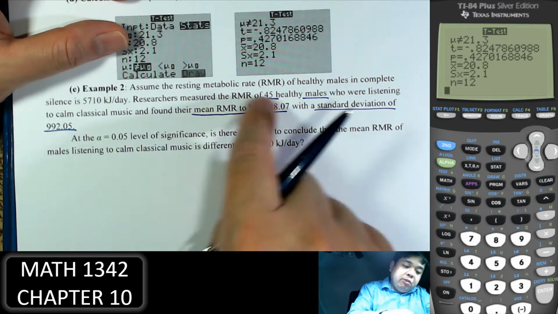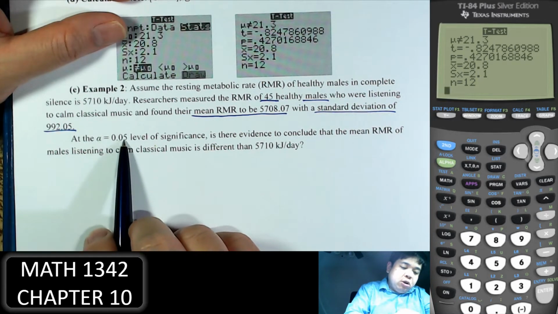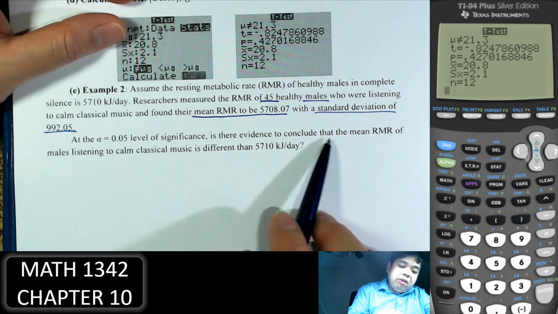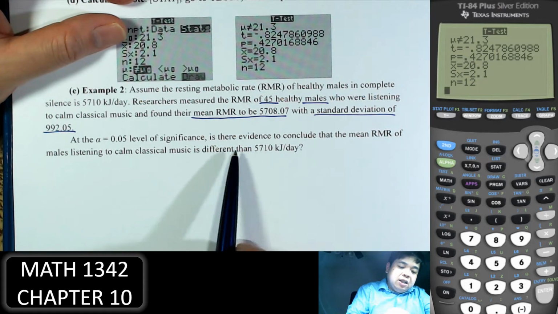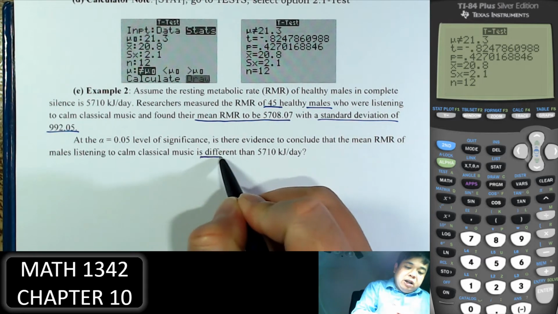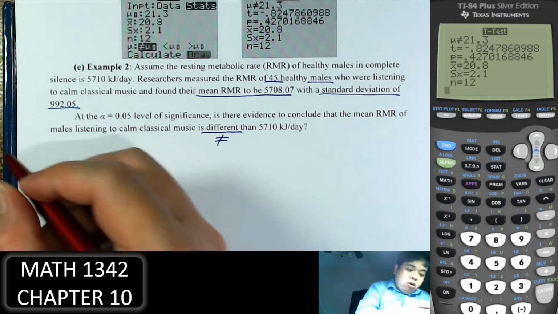Those are the information for the sample. At 0.05, is there enough evidence to conclude that it's different than this? Different than means not equal to. So we first state the hypothesis.